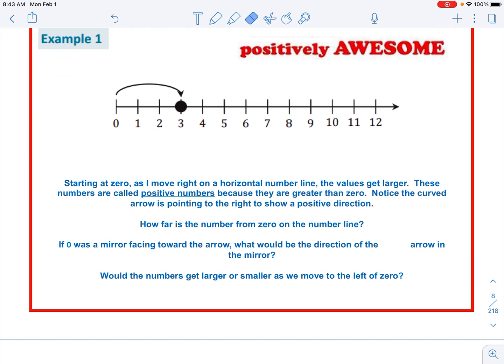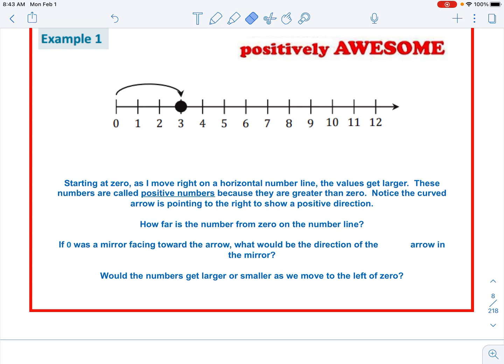So starting at 0, as I move right on a horizontal number line, the values get larger. These numbers are called positive numbers because they are greater than 0. Notice the curved arrows pointing to the right to show a positive direction. How far is the number from 0 on the number line?